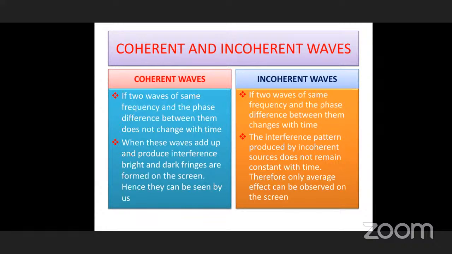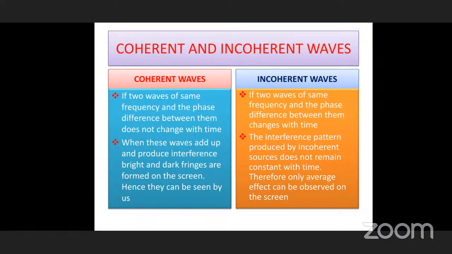This is a pattern of bright and dark fringes formed on the screen. Whenever you observe a pattern of these bright and dark fringes, it is due to interference of coherent waves. Here we are going to see the nature of these waves. Those two are coherent. So coherent waves form clear bright and dark fringes on the screen.